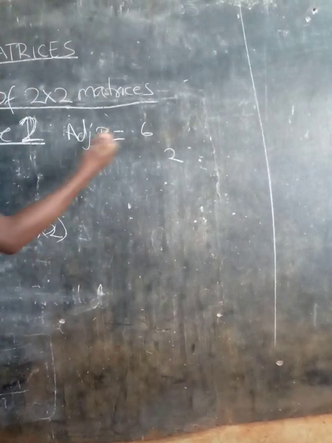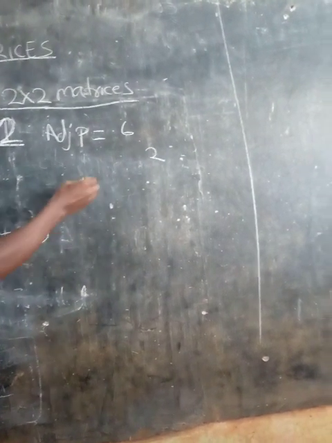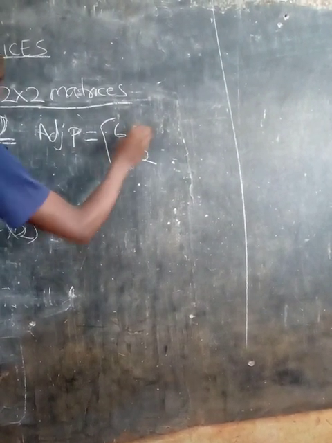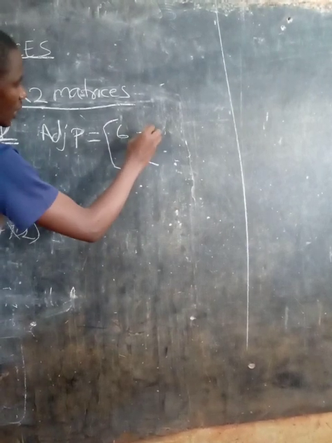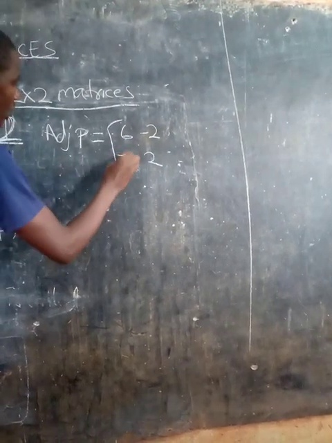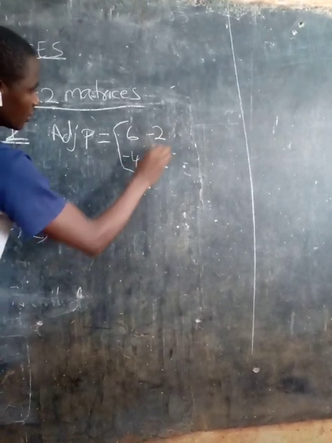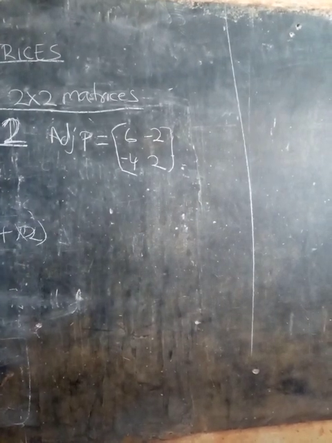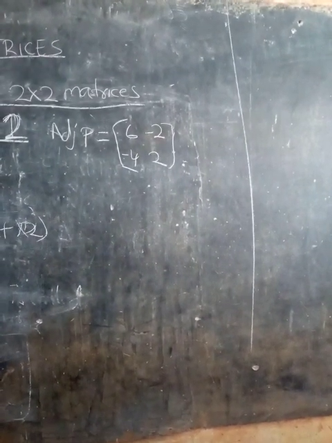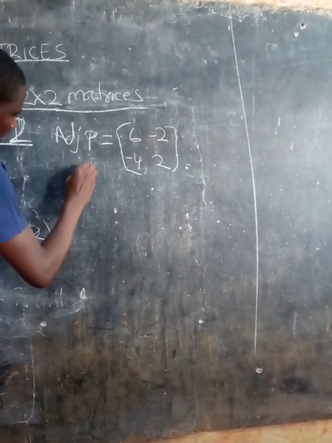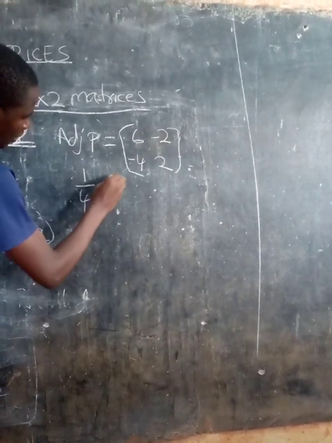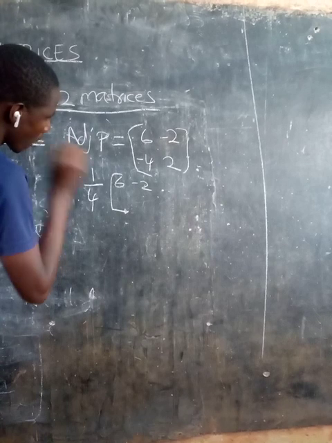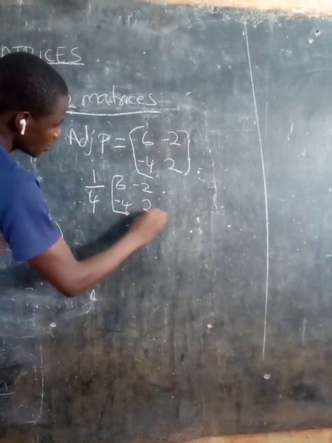We exchange the main diagonal values, then we negate the values of the other diagonal. When we negate 2 we get -2, and when we negate 4 we get -4. Then we multiply by the reciprocal of the determinant, which is 1/4, multiplied by 6, -2, -4, 2.